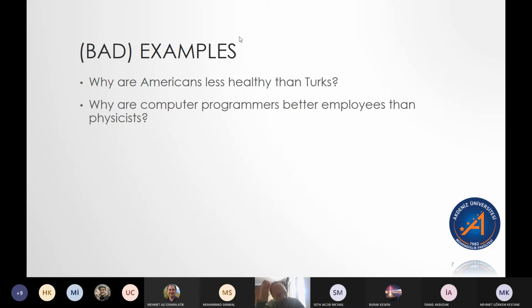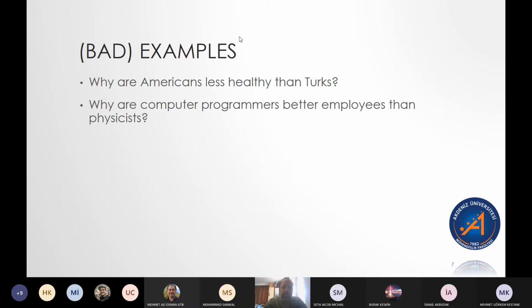Right. And so what we might want to do is say, okay, somebody might say, I see in terms of the population statistics that Americans on average struggle with obesity more than Turks. We might say that. I don't know that for a fact, by the way, so don't quote me on that.